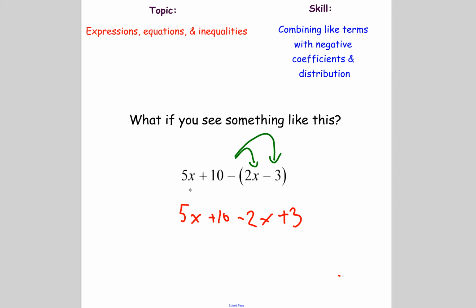What we have here is 5x plus 10, then you distribute, in this case, a negative 1 times positive 2x is negative 2x, and negative 1 times negative 3 is positive 3. So that is essentially, some people will call it distributing the negative sign. What you're actually distributing is the number negative 1. It's an invisible 1 that's always out there.